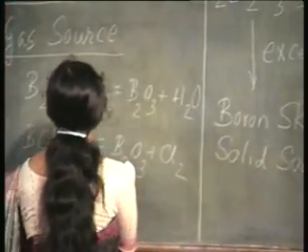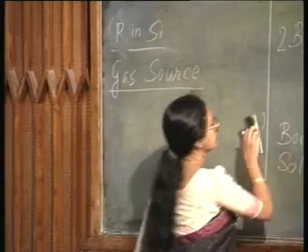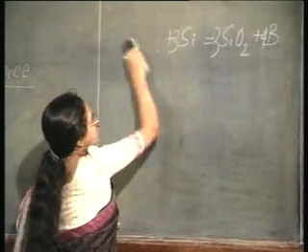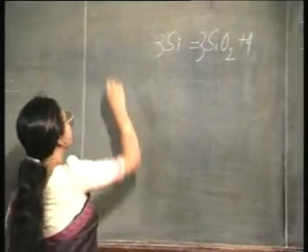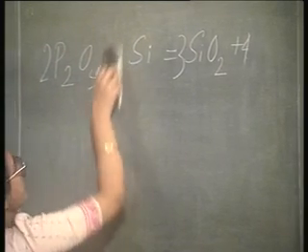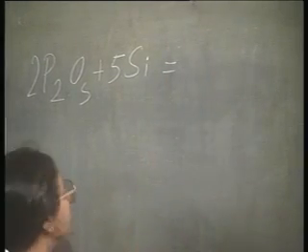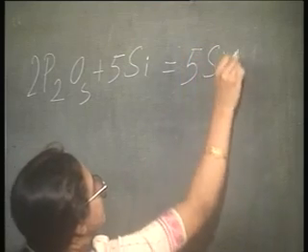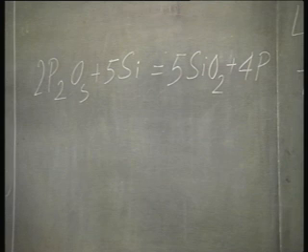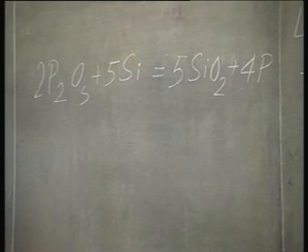Again, in case of phosphorus, the basic reaction is going to be between P2O5 and silicon to give phosphorus, which will be incorporated in silicon, and form a layer of silicon dioxide.